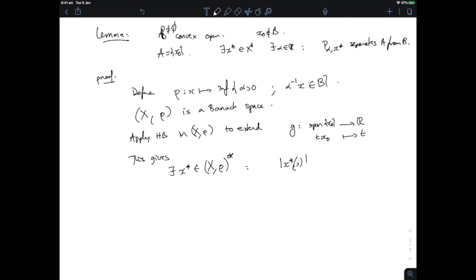I'm going to avoid using the notation of the duality product because we now have two different Banach spaces, X with its original norm and X with rho.